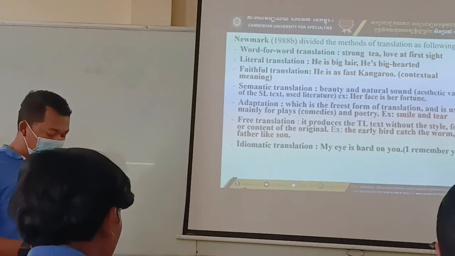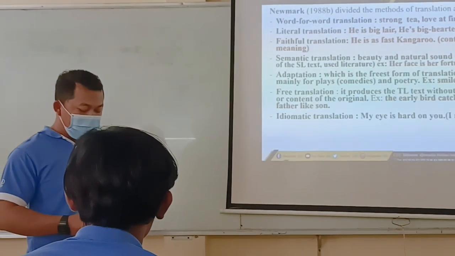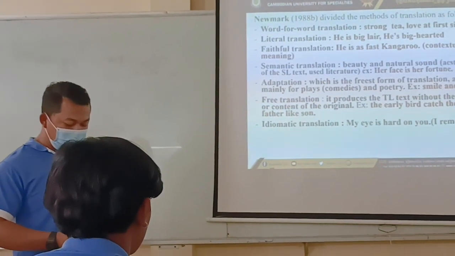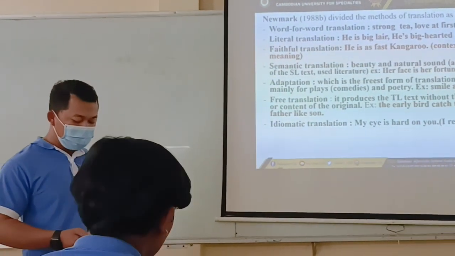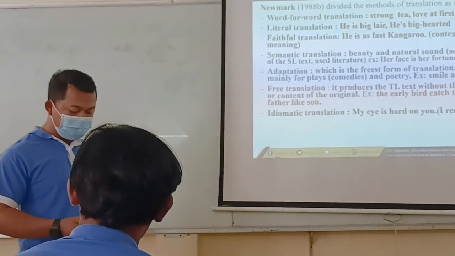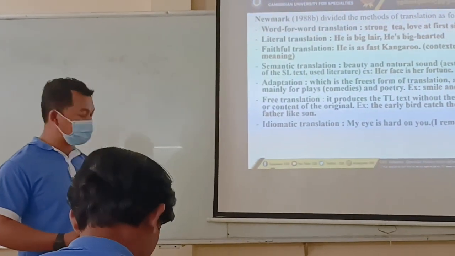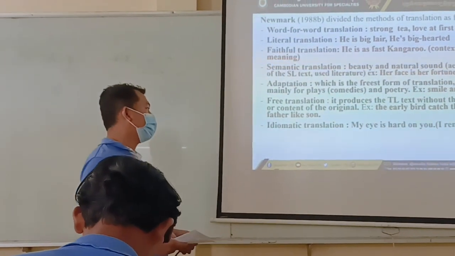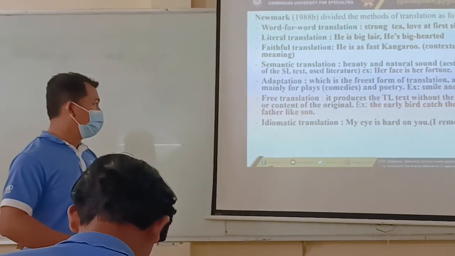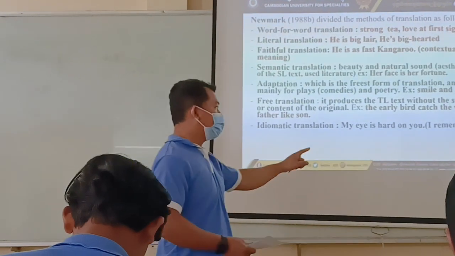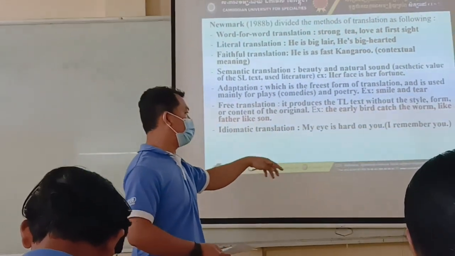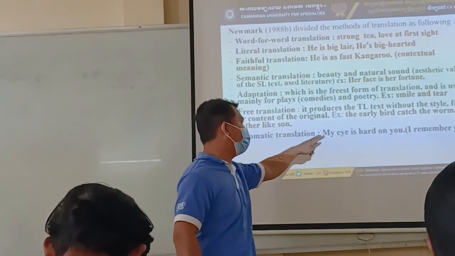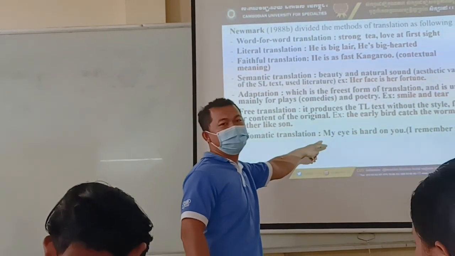The next is idiomatic translation. Idiomatic translation produces the message of the original, but tends to distort the nuances of the meaning by preferring colloquialisms and idioms which do not exist in the source text. So the target language that you translate into is not what the source text contains.